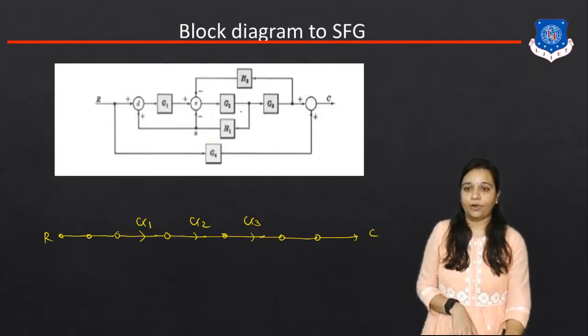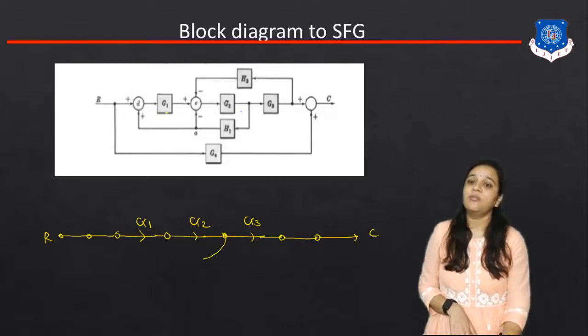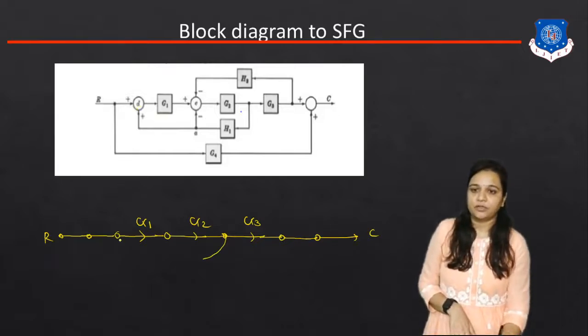Now in the feedback loop, you can see this is my H1, this is my H2, and this is my G4. Starting with H1, it will start from between G2 and G3.